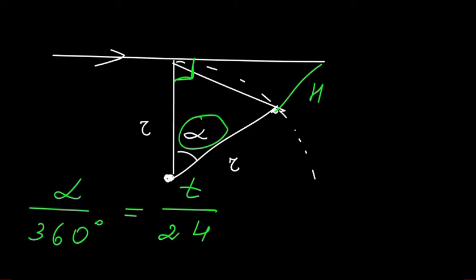It takes a very small amount of time to rotate by this angle alpha, and it takes 24 hours to rotate fully. What do we get from that?